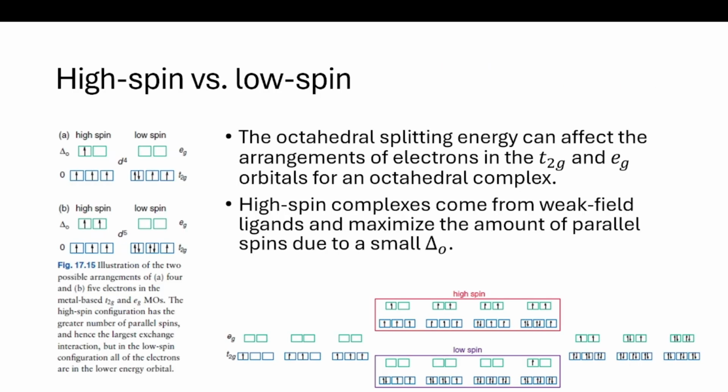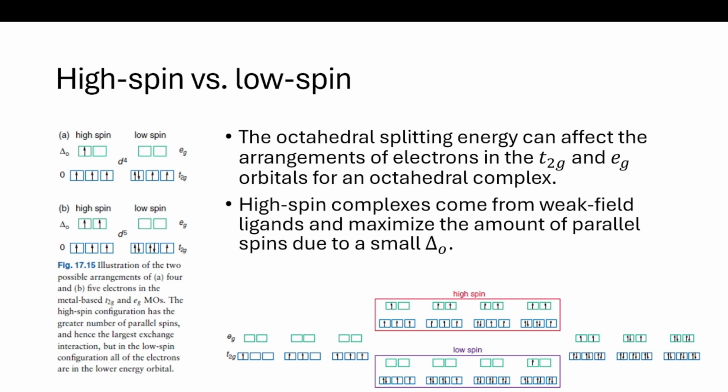And in fact, this splitting energy can affect the nature of bonding within these complexes. So, for example, if we have a very low splitting energy, we yield high spin complexes. These are complexes where essentially the number of parallel spins is going to be maximized.